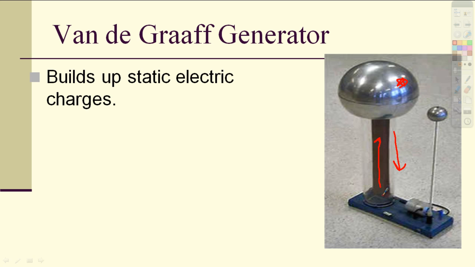What this does is it draws electrons from down here from some charge source, moves them up into the metal sphere, and then it creates a negatively charged field, and then these charges can dissipate and they'll shoot over to whatever's nearby.